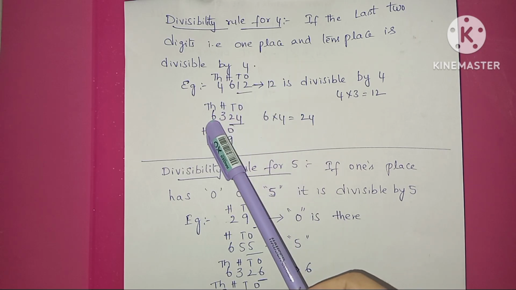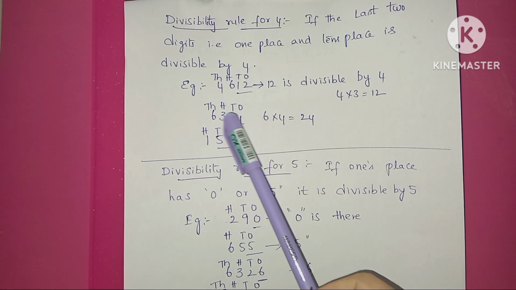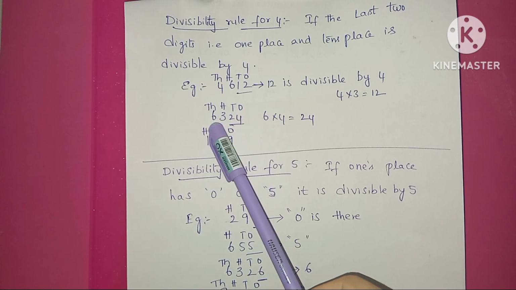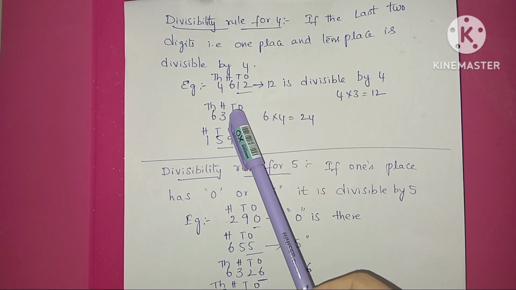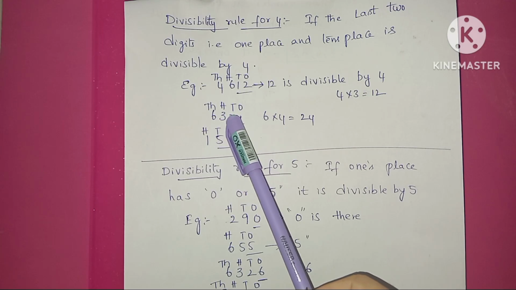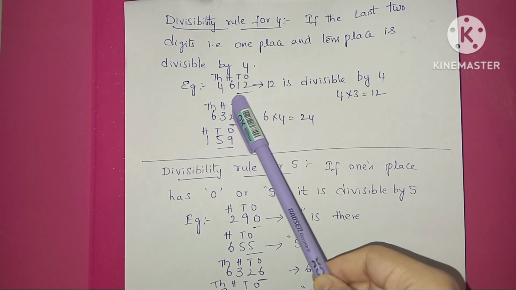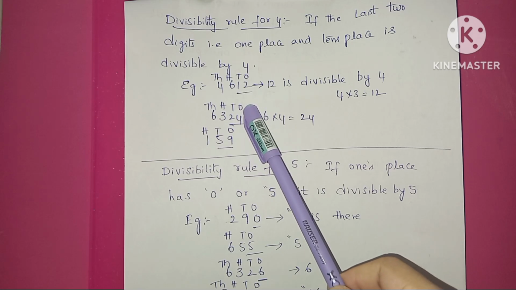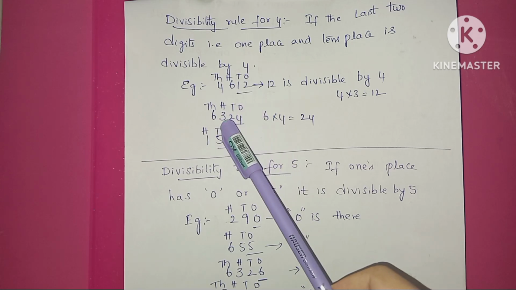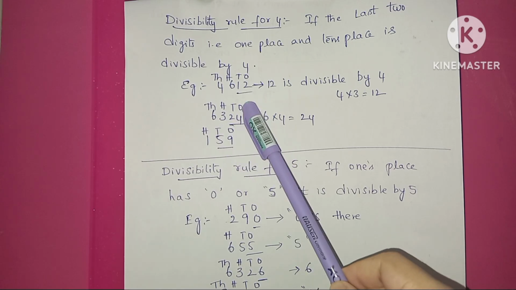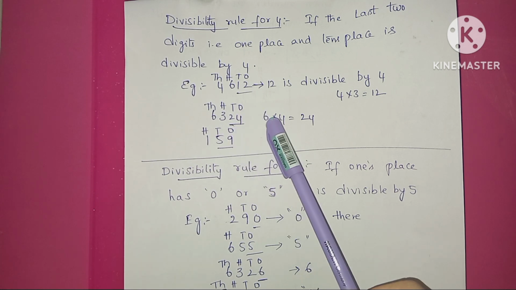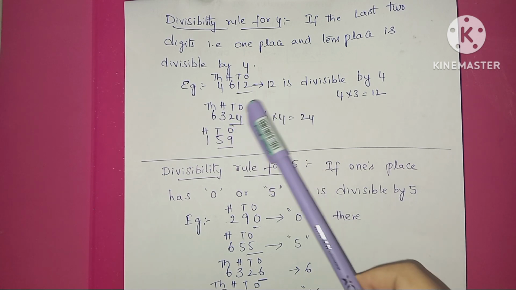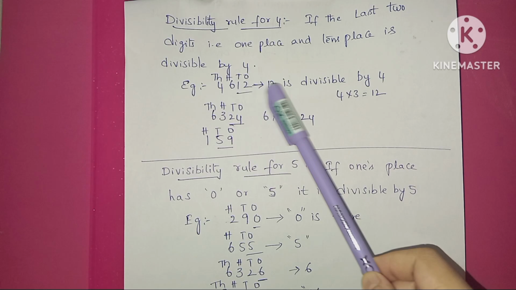And going to the second example, 6324, whatever the biggest number it may be, by looking at just the last two digits, we can decide whether it is divisible by 4 or not. Here it is 24, 6 fours are 24, so this number is divisible by 4.